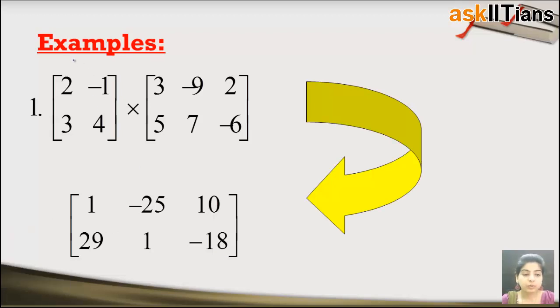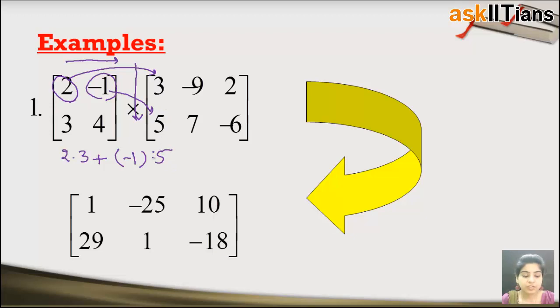As I told you, you just need to remember the order as this with this. So take this element, multiply it with this, that is 2 into 3, plus, there will always be a plus sign in between, this element into this element, so minus 1 into 5.